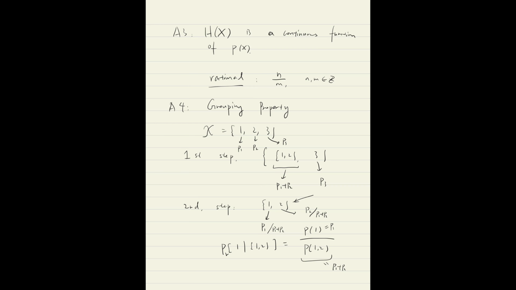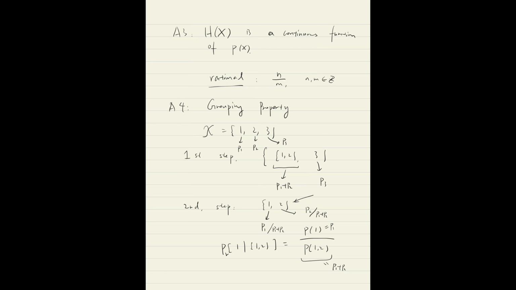We just said, it's the grouped event, P1 plus P2. And the probability of 1 is P1. Therefore, given 1, 2 happening, the probability of this is P1 divided by P1 plus P2. Does that make sense? Bayesian rule. Similarly, the probability of 2 is P2 divided by P1 plus P2.